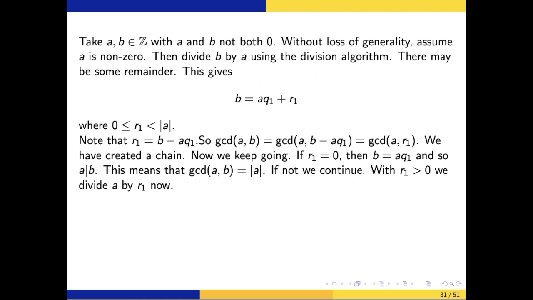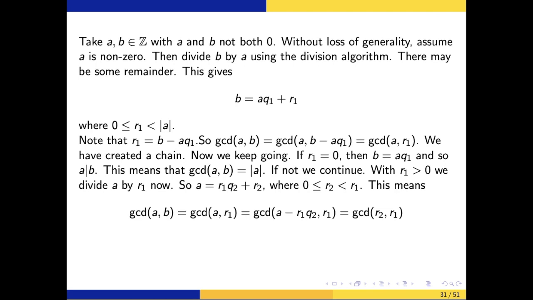We now divide A by R1, and so A equals R1 Q2 plus R2, where Q2 and R2 are the second pair of quotient and remainder, and R2 is non-negative and strictly less than R1. Here R1 is positive, so the modulus of R1 is equal to R1.